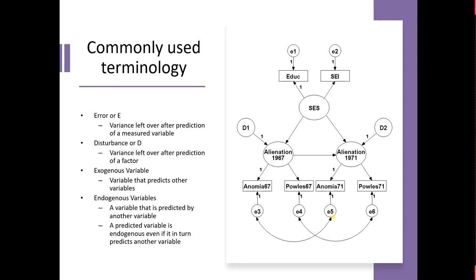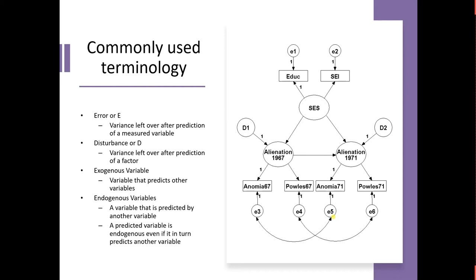Another term is error. Error may be defined as the variance which has not been explained in our model. So the residual variance or the leftover variance after prediction of a measured variable is error.